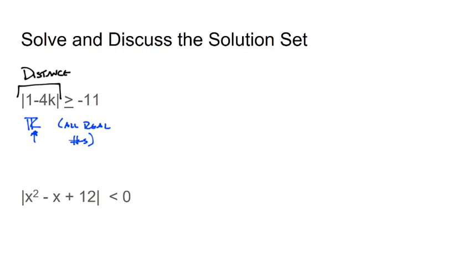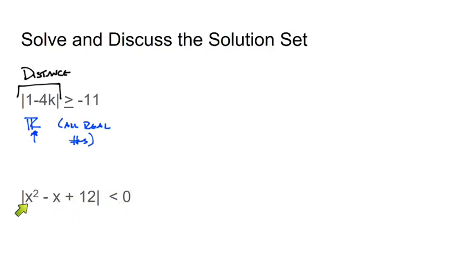Likewise, if you come to the second one, you might get stuck going, oh, it's a quadratic, this is going to be tricky. But then when you think about it, what numbers would result in a distance that's less than 0? No matter what we put in for x, we are going to have a distance that at minimum is 0 itself, because the smallest distance we can have is 0.